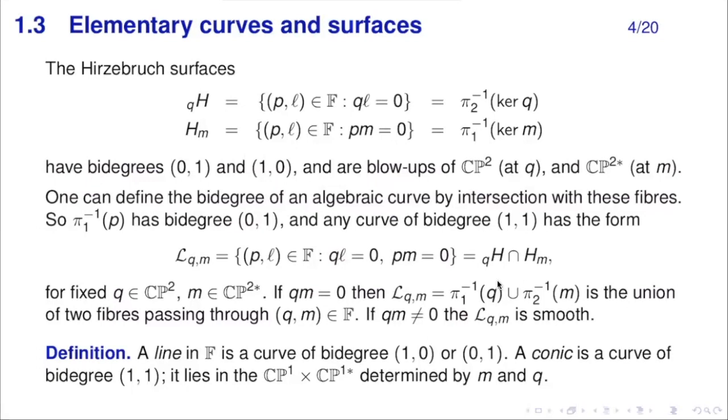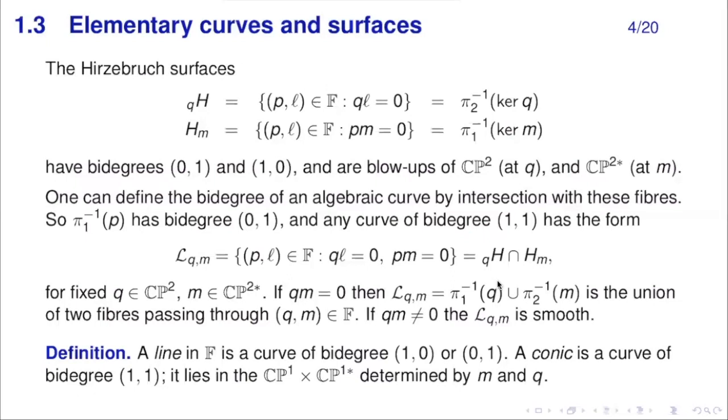But I'm mostly interested in what I call conics, that is these curves LQM, typically smooth, but including the reducible possibility. So again, this is just described by the underlying linear algebra of row vectors and column vectors.